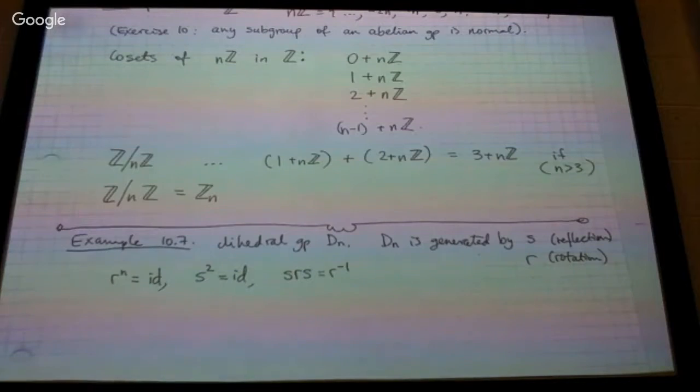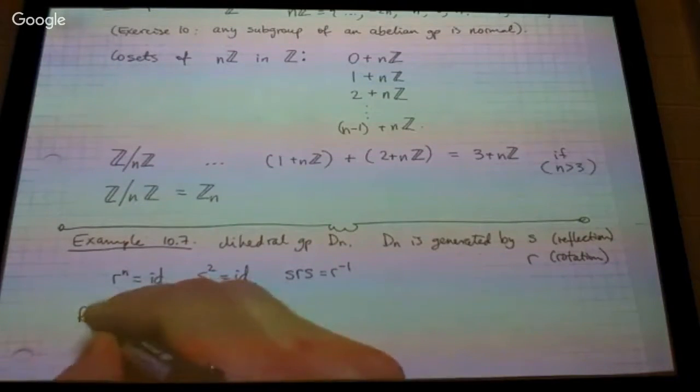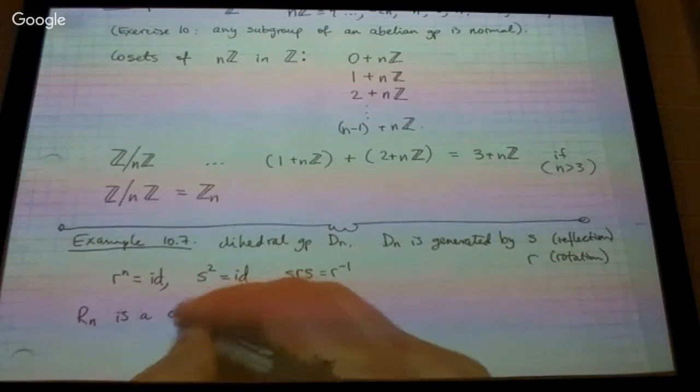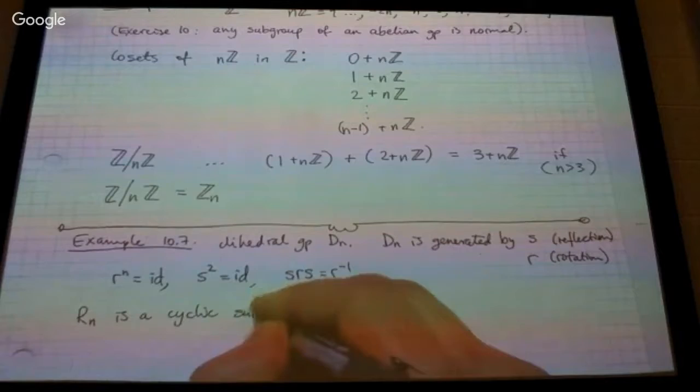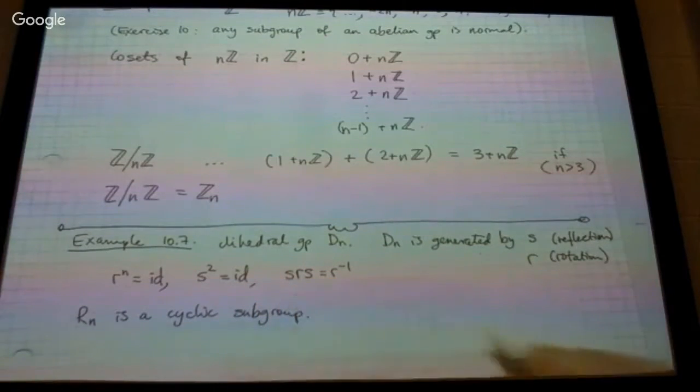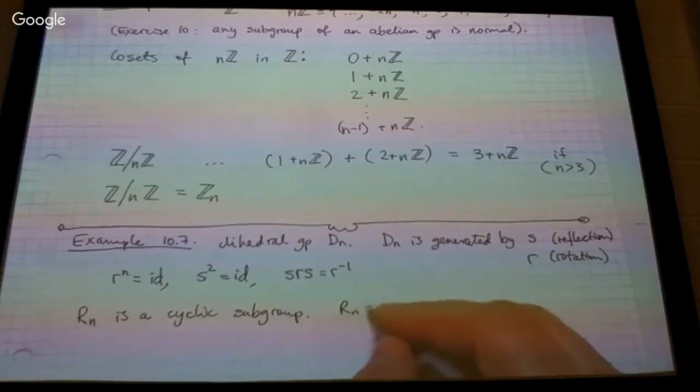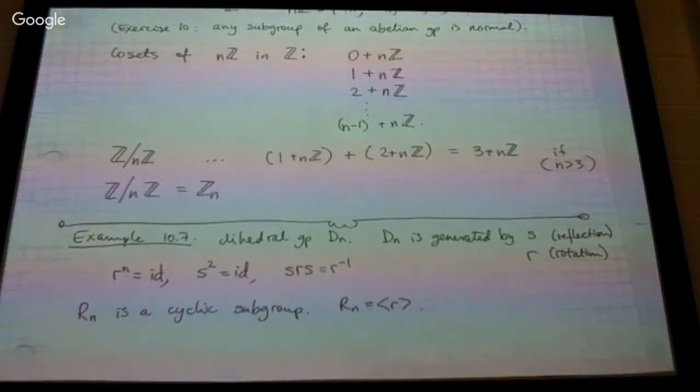Okay, so when you only combine rotations, you get a subgroup, a cyclic subgroup generated by the basic rotation. Is this normal? I mean, is it a normal subgroup?